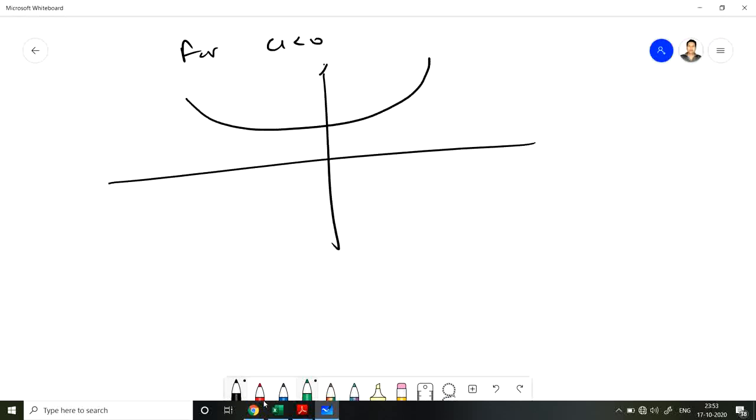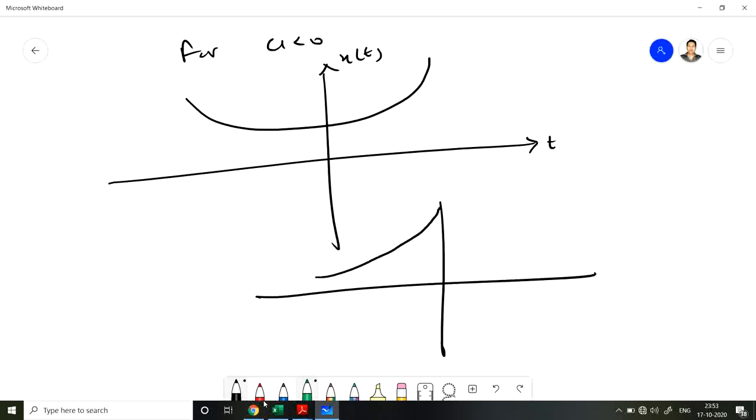This is the graph of x(t) when a is less than 0, and this is the graph of x(t) when a is greater than 0.